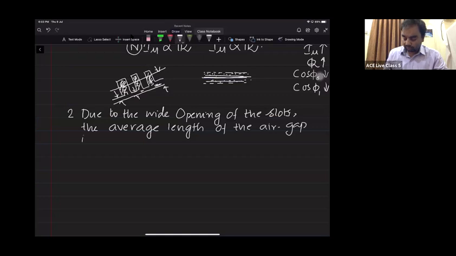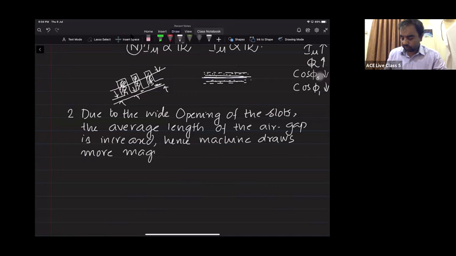Hence, the machine draws more magnetizing current.